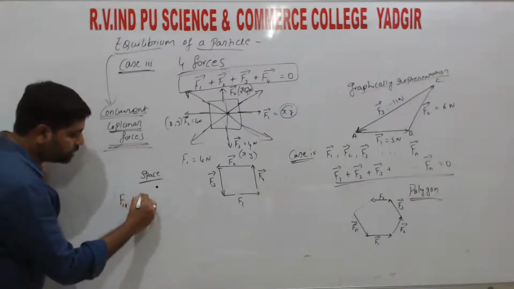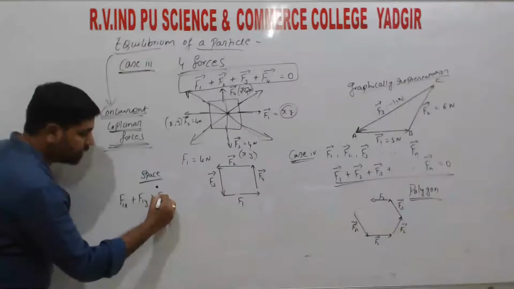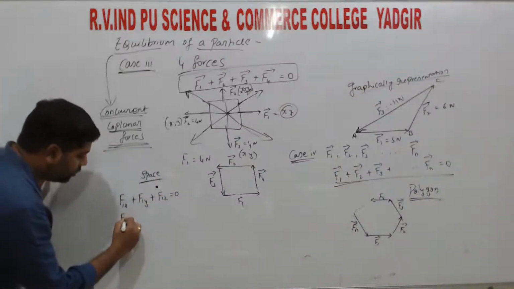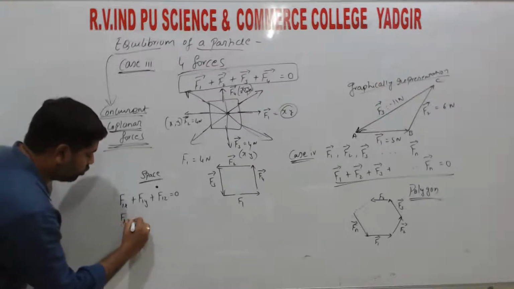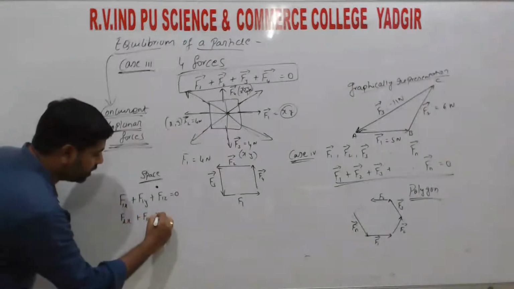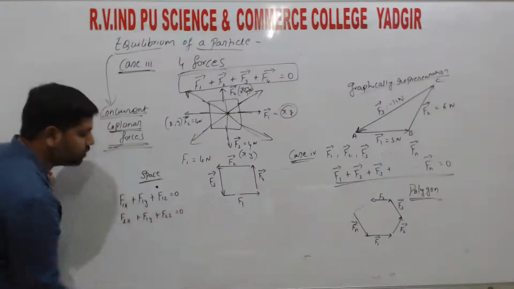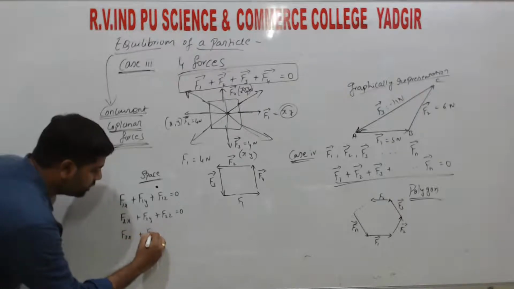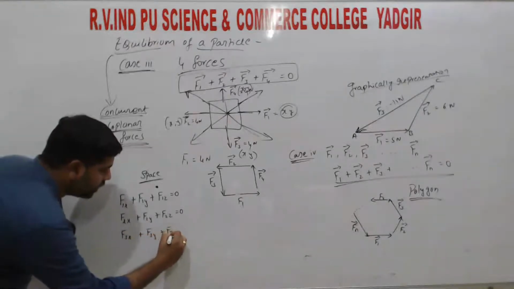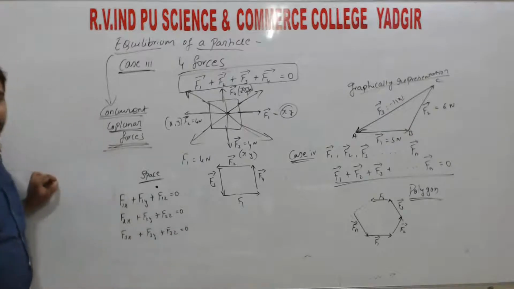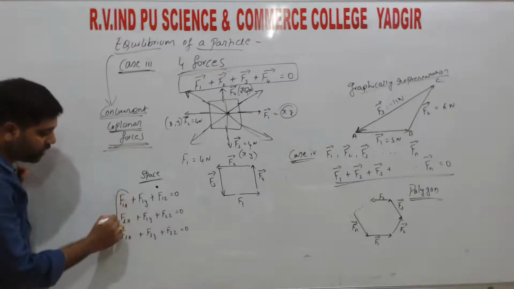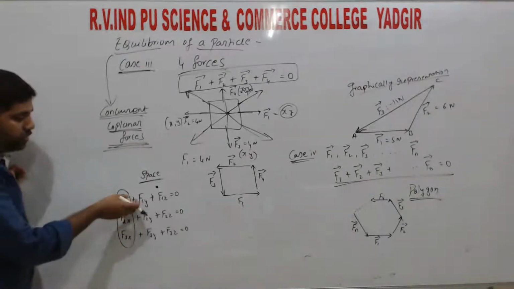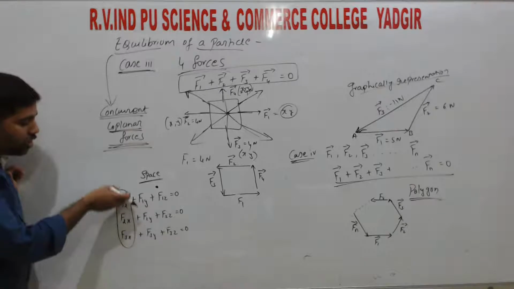F1x plus F1y plus F1z equals 0, and F2x plus F2y plus F2z equals 0, then F3x plus F3y plus F3z equals 0. That means F1x, F2x, F3x, all these three represent the components along the x-axis.